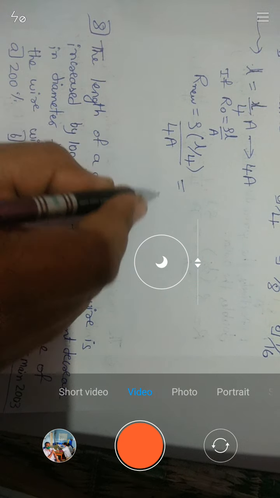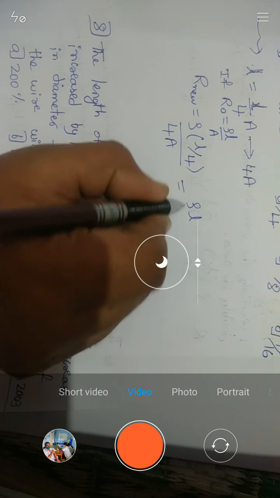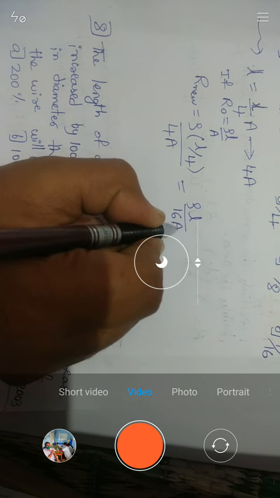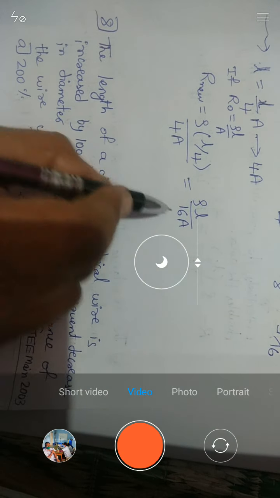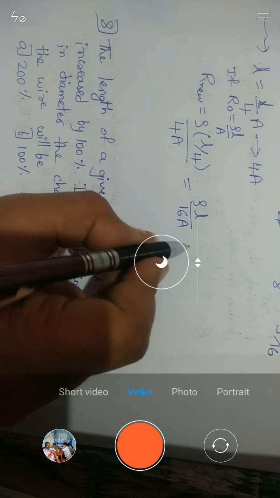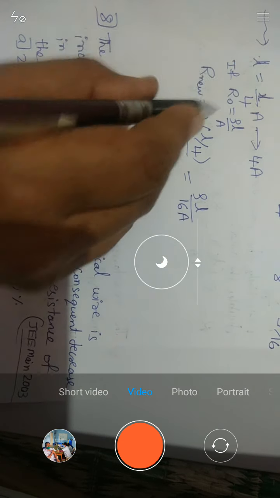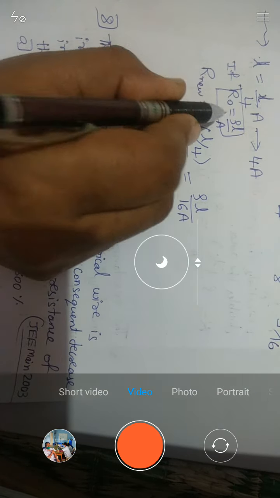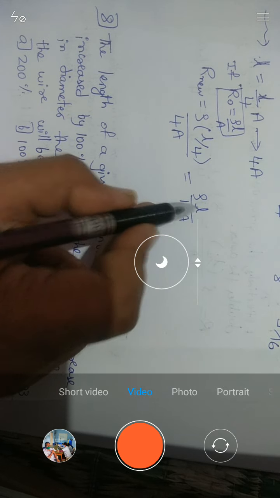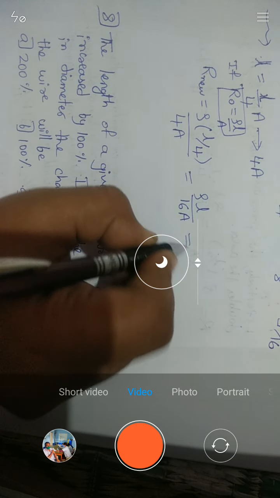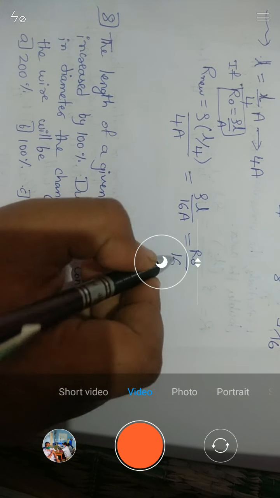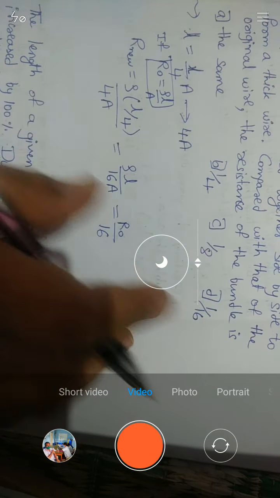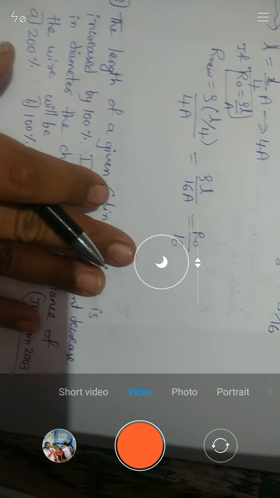This is equal to rho L divided by 16A. And R naught is rho L by A, so I will write this as R naught divided by 16. So 1 by 16 is the answer. Option D is the answer for this question.